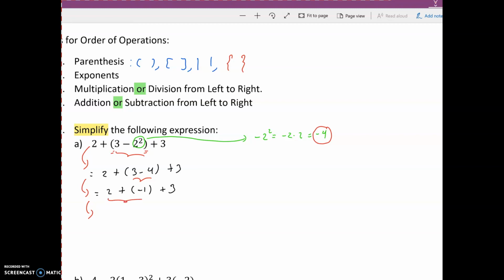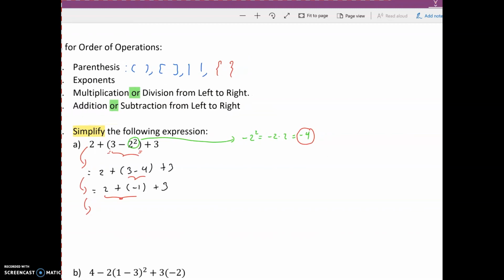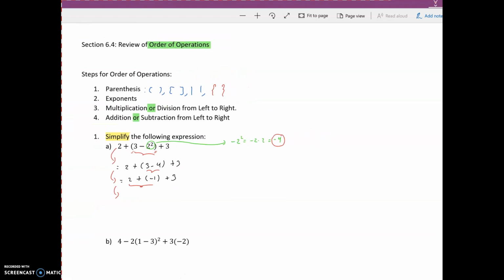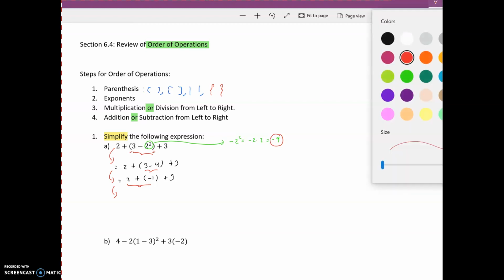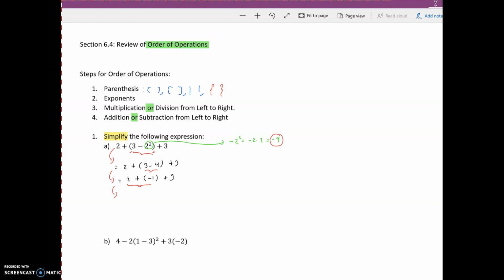I'm going to be doing step number 4, which deals with addition or subtraction from left to right. So we're going to end up with the following after we add the 2 plus the negative 1. This is simply 1 plus the absolute value of 3. And our final answer is going to be 4. That's our solution for the first problem.